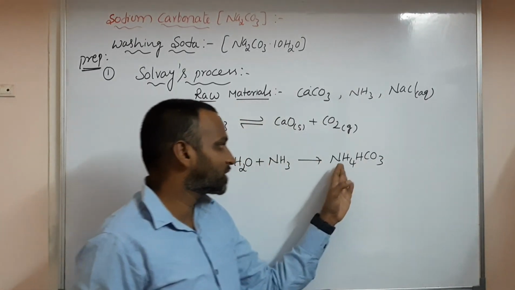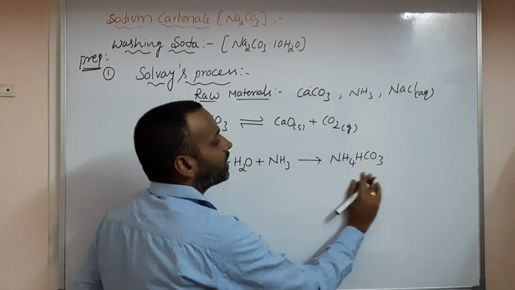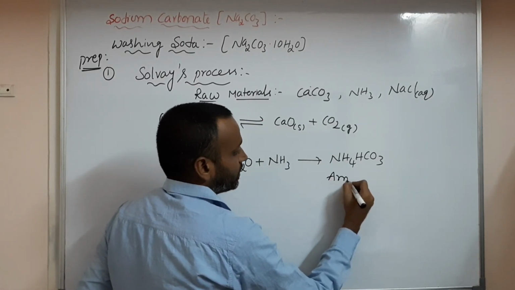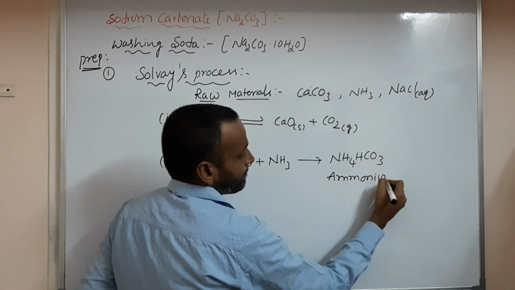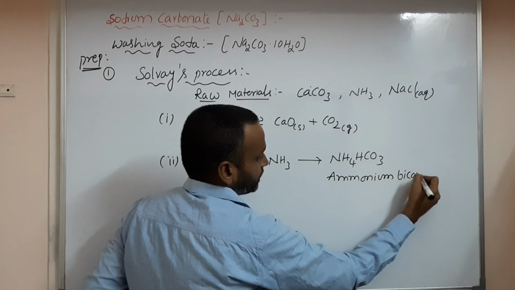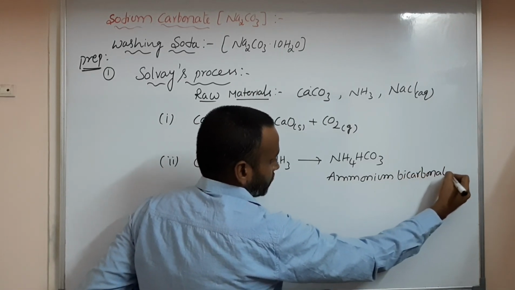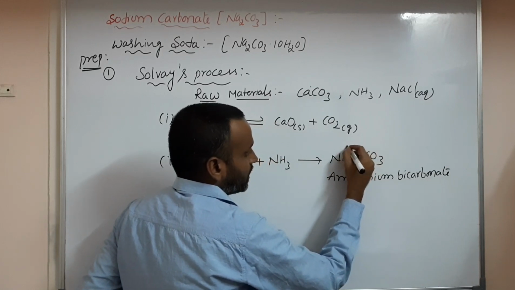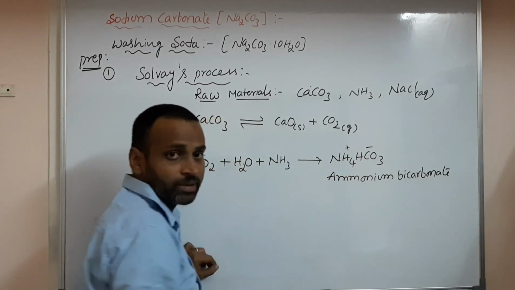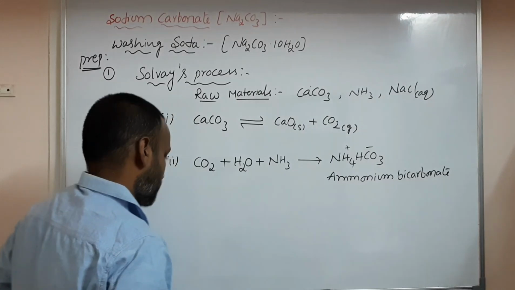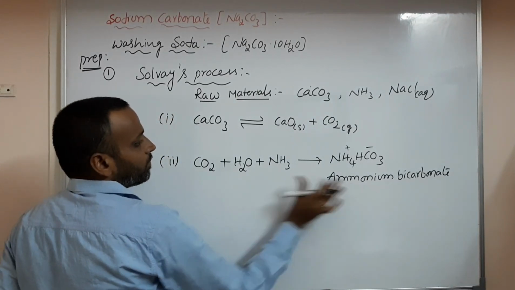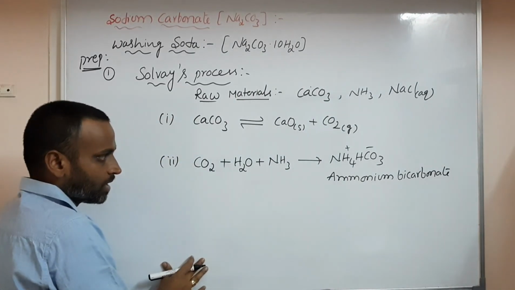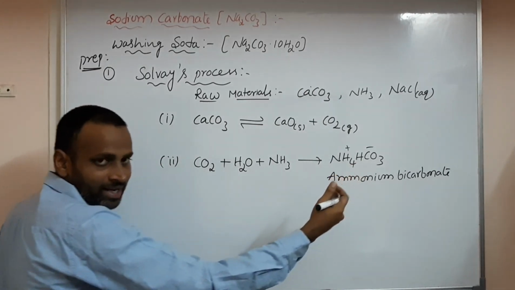No, it's NH4HCO3, which means ammonium bicarbonate. Here the ions are NH4 plus and HCO3 minus. Bicarbonate means HCO3 minus. So in that way you will get ammonium bicarbonate, and that's why we are not writing NH5.